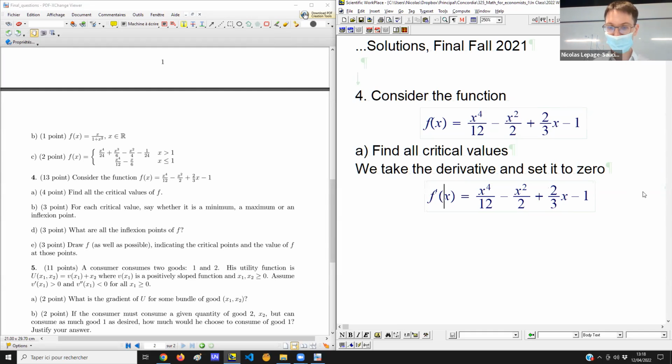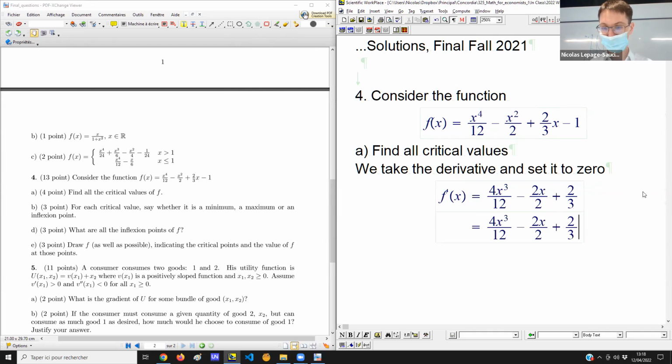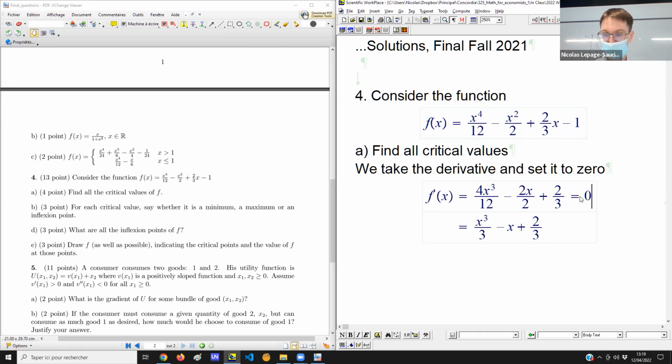So very quickly, it's going to be 4x cubed minus x plus 2/3. And then we set it to 0.